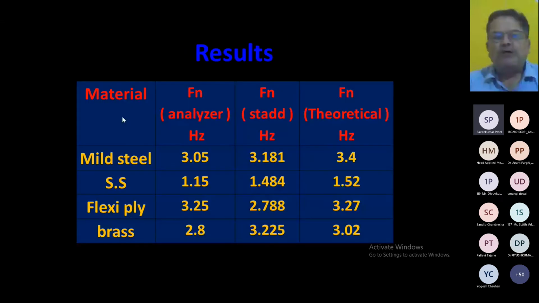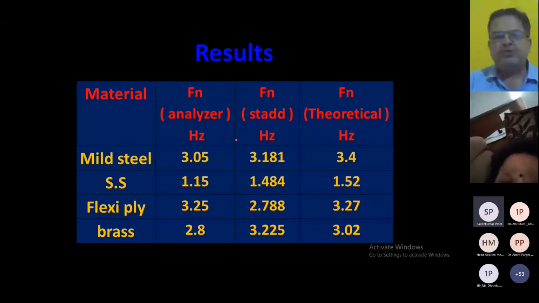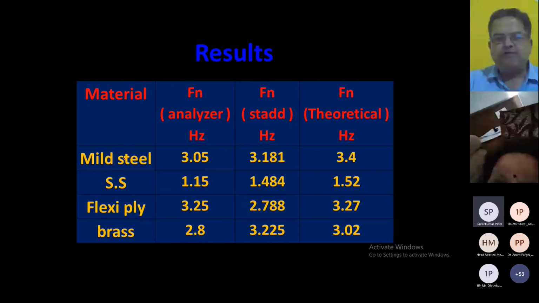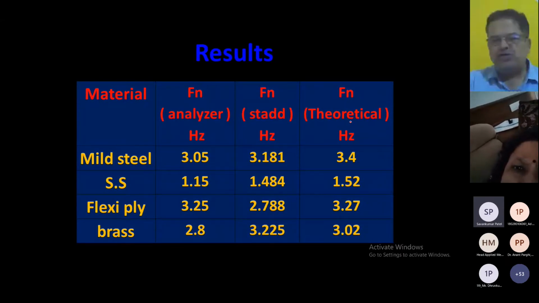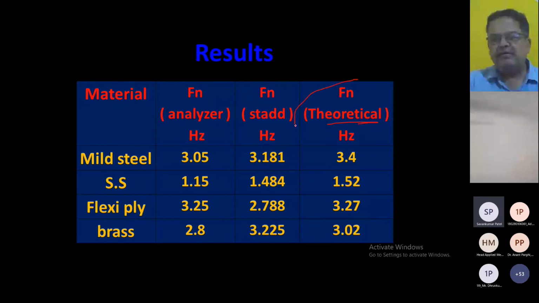Now again I'm saying, only performing the experiment is not okay. There are four models: mild steel, stainless steel, flexiply, and brass. We have some results for the theoretical values of the frequency. Look at the frequency, right? 3.4 hertz, 1.52.